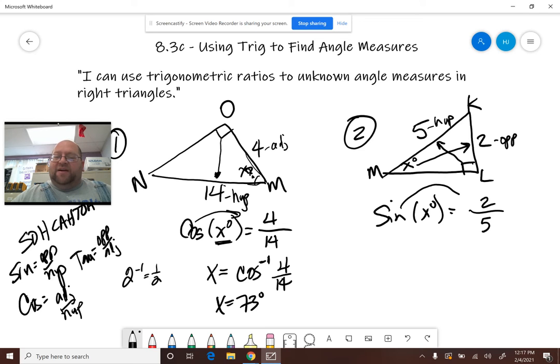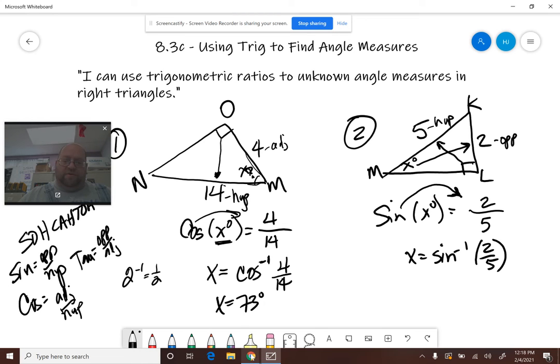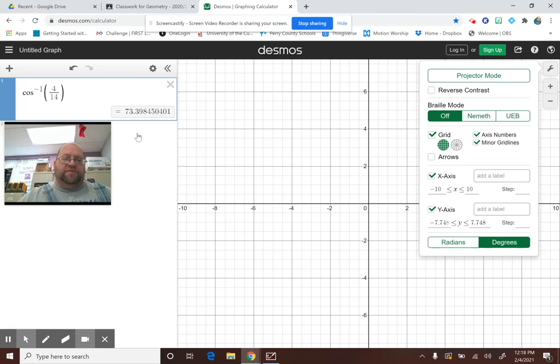Now I need to get sine over here, but remember I can't multiply, divide any of that by sine because I'm looking for the angle it's attached to. So I have to do inverse sine. So sine to the -1 of 2 over 5. And again, I can go right back over to Mr. Desmos.